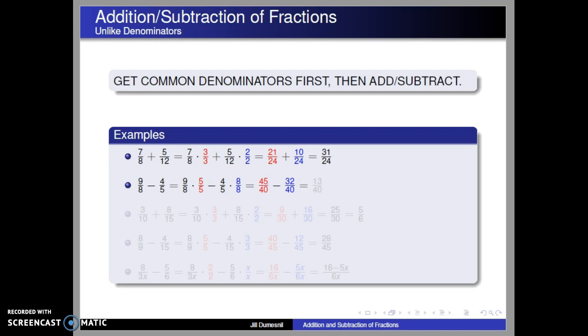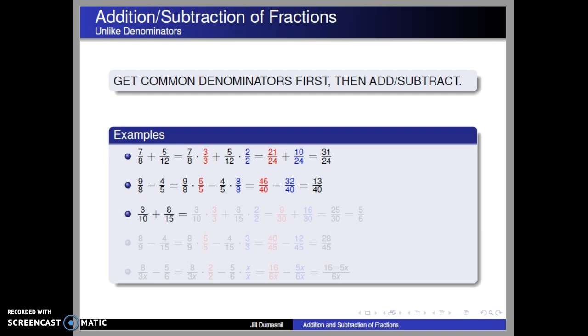We get 45 over 40 minus 32 over 40 when we compute the multiplication. Subtracting numerators gives us 13 over 40, which again requires no additional simplification.